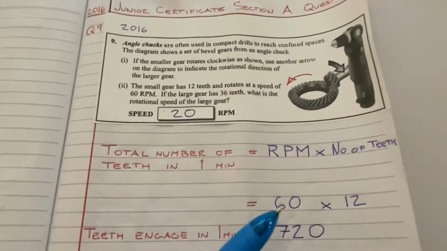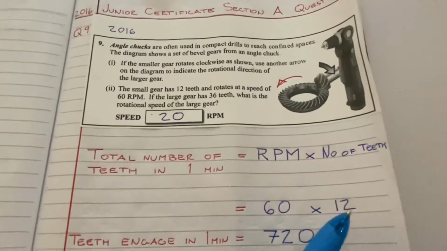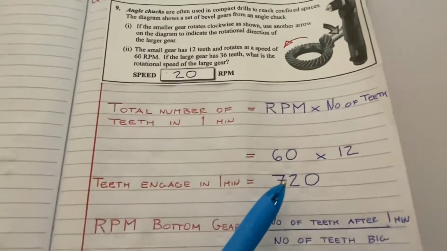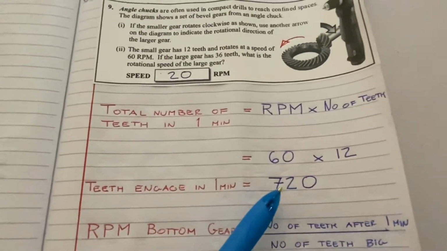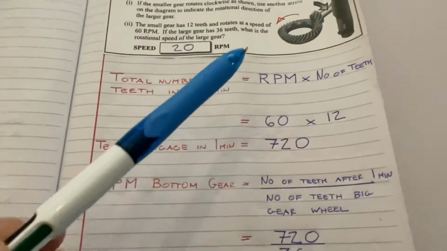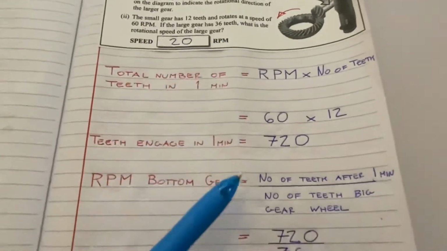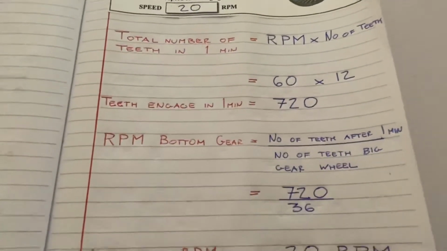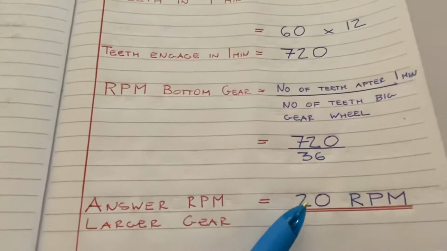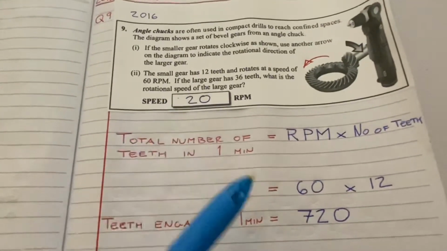And that is going to be very simply the rotational speed per minute multiplied by the number of teeth, which gives us 720 teeth. Now, once we have that figure, 720, we then take the number of teeth on the bottom gear wheel, which was 36, and we divide them into 720, and that gives us a figure of 20 RPM, which we write up into this area up here.